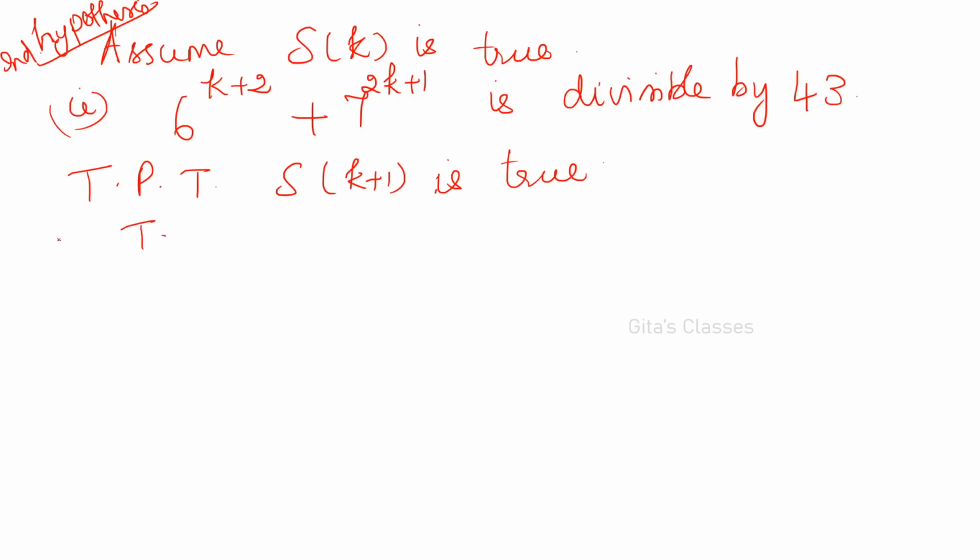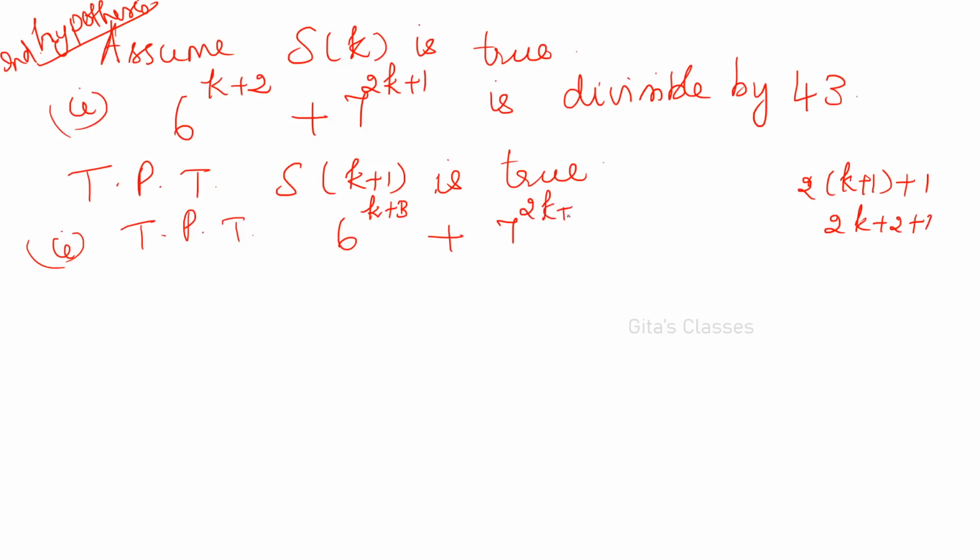That is to prove that, in the place of k you should have k plus 1, that is 6 power k plus 1 plus 2, so k plus 3, plus 7 power 2 into k plus 1 plus 1, that is 2k plus 2 plus 1, that is 2k plus 3, is divisible by 43. You have to prove that this is divisible by 43.